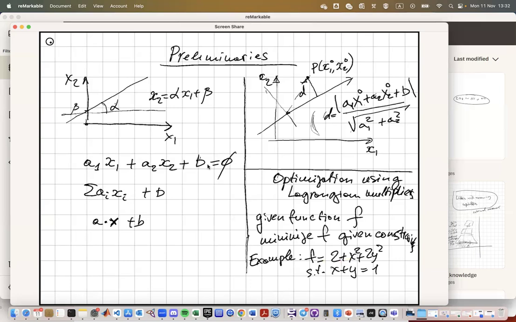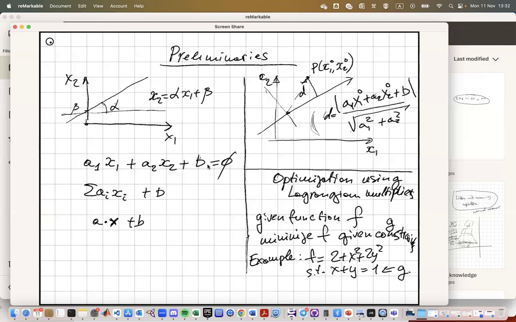So this is your constraint. And constraints are denoted as g. So this is your g.